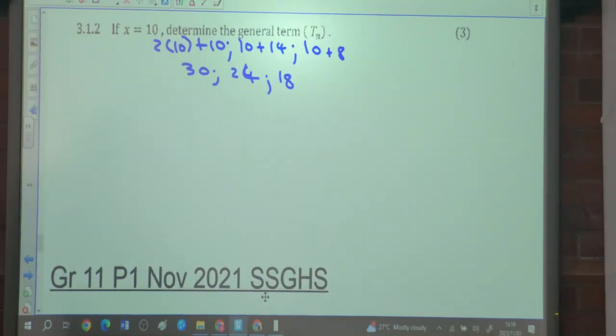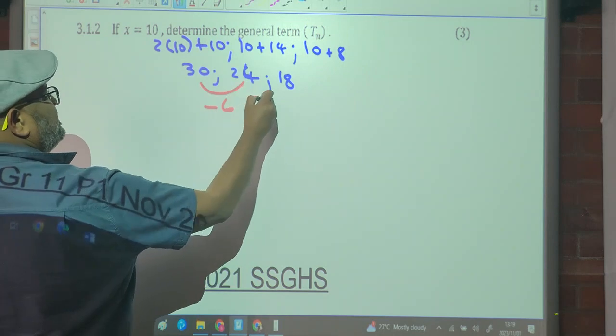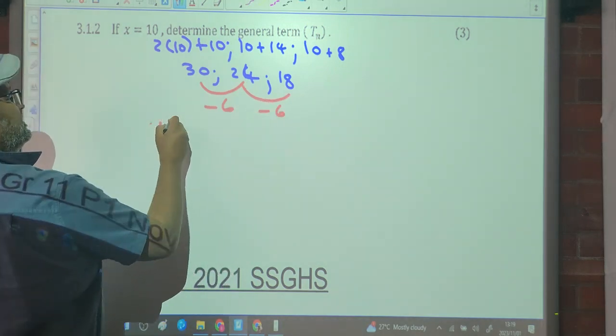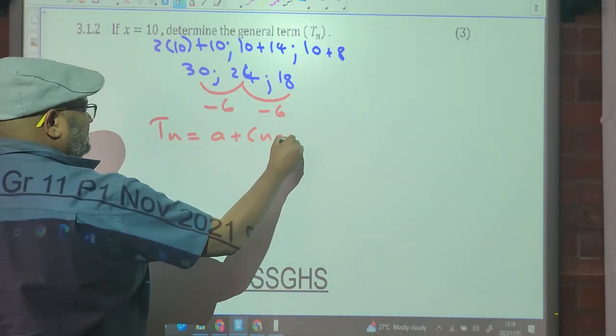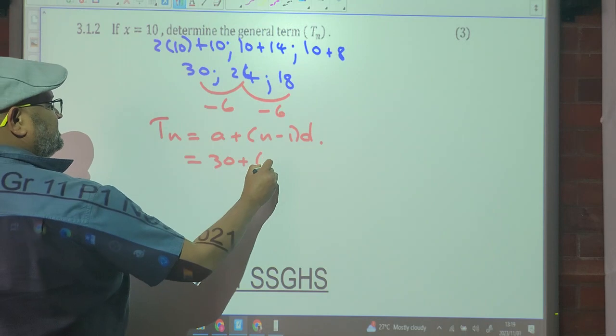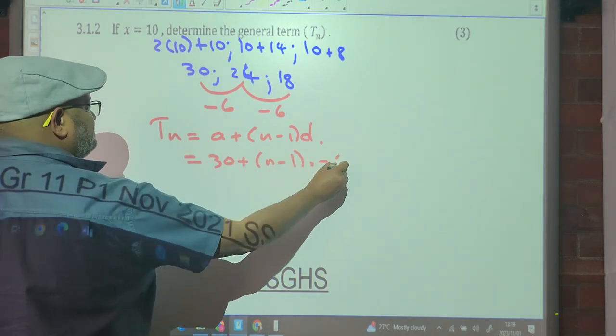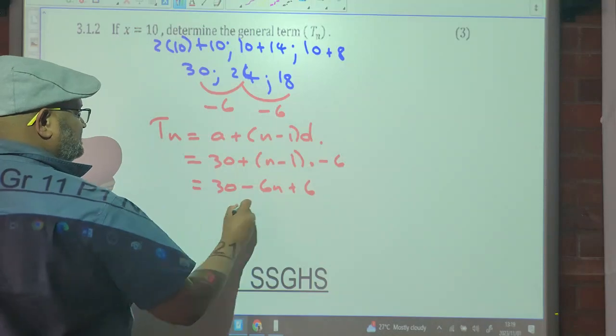So how do I move from one term to the next? I'm subtracting 6, not so? Since it's arithmetic or linear, Tn is equal to a plus (n minus 1)d. So it's 30 plus (n minus 1) times negative 6. So it's 30 minus 6n plus 6.